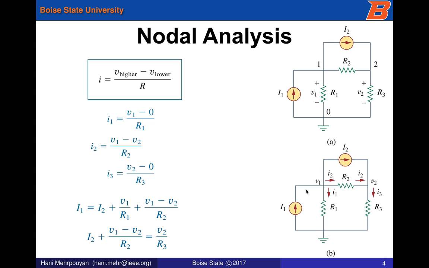If we write the KCL at each one of these nodes, what we have is capital I1 is equal to small I2 plus small I1. At node number 2, what we have is capital I2 plus small I2 are equal to I3.